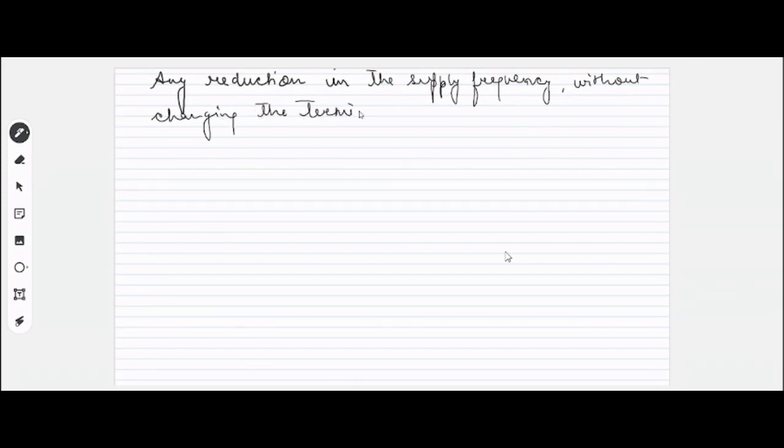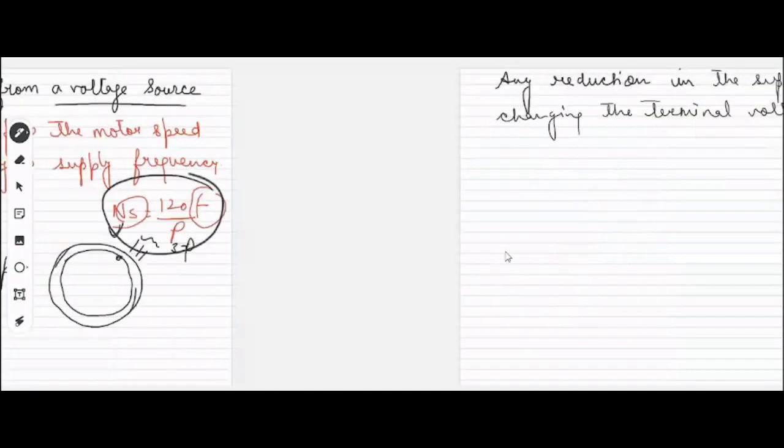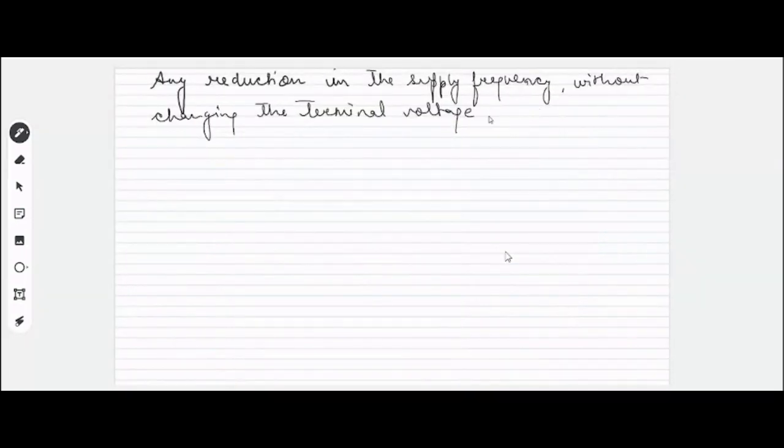What will happen to the flux? If we reduce this frequency without changing this voltage, your flux will increase. That causes an increase in the air gap flux.